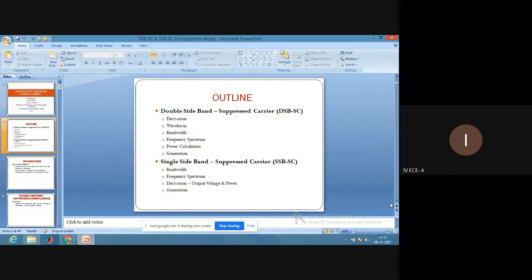Under single sideband suppressed carrier, we are going to see the bandwidth requirement of SSB-SC system, its frequency spectrum, output voltage and power calculation, generation of SSB-SC signals.